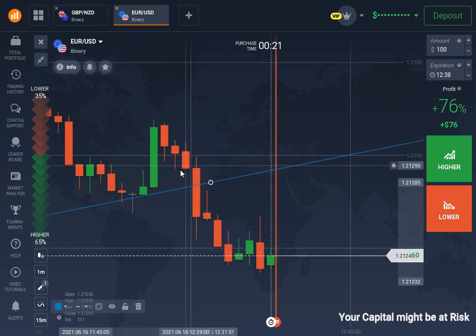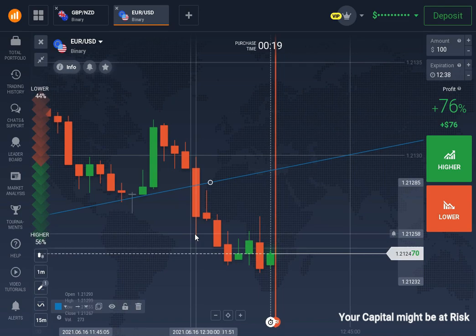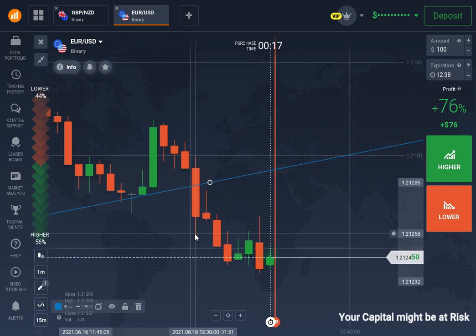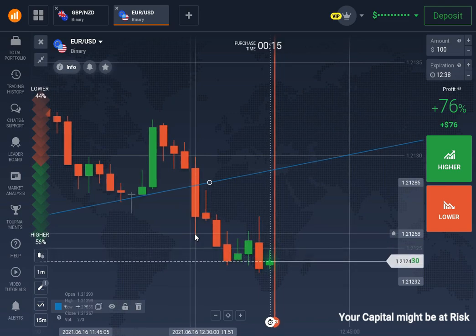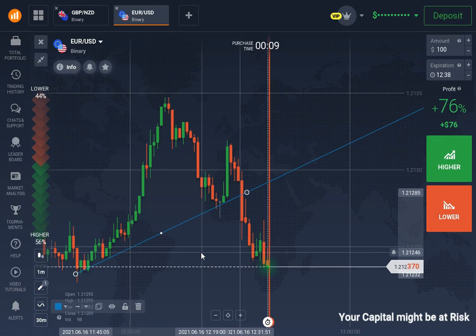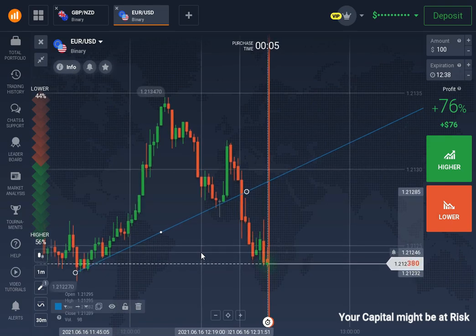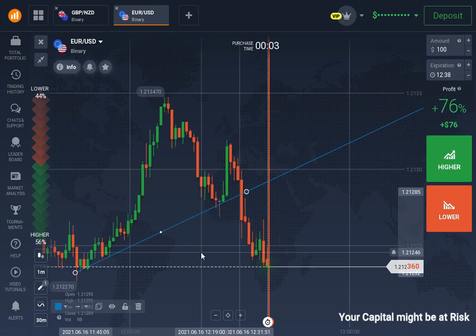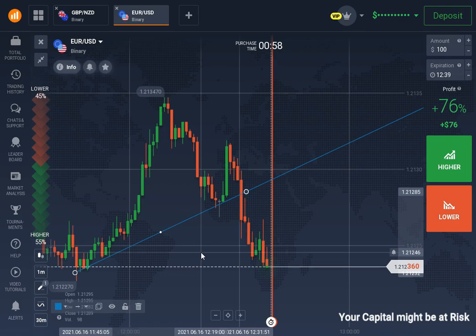Look at the strength of this candle. The volume was high, the momentum was very high, suggesting one thing, that sellers are motivated, and that's why I placed my trade, because I found the breakout, the momentum was there, the volume was there, the price action was also signaling that the market wants to go down, and that's why I placed a 5-minute trade in this trading setup.